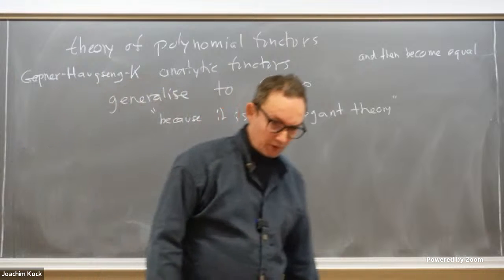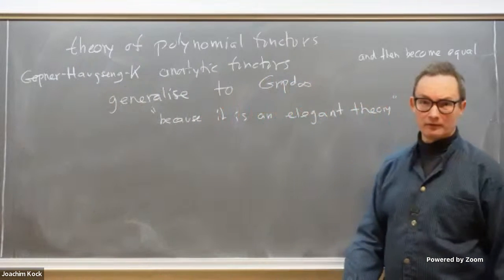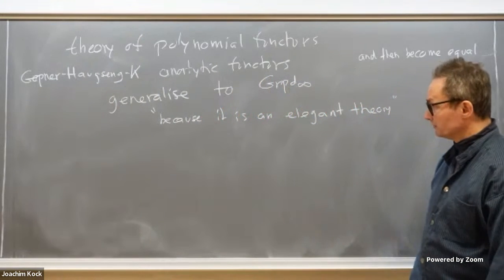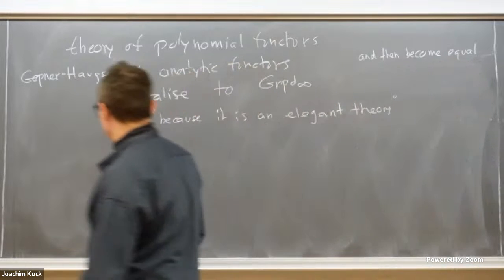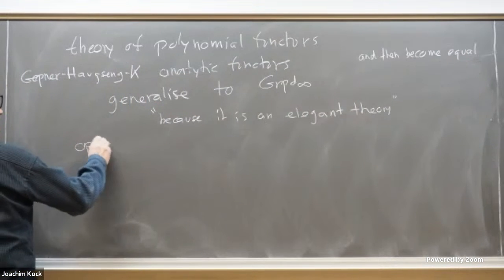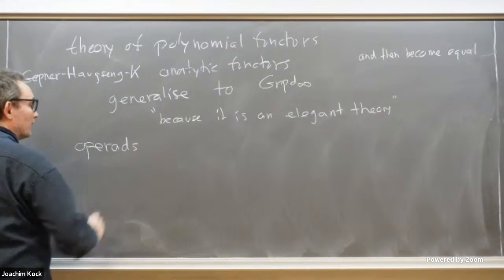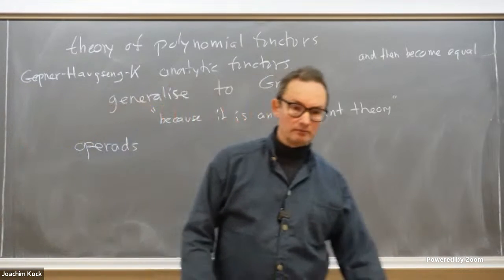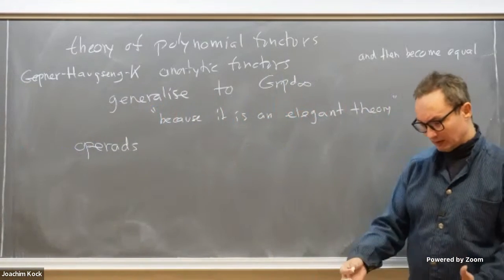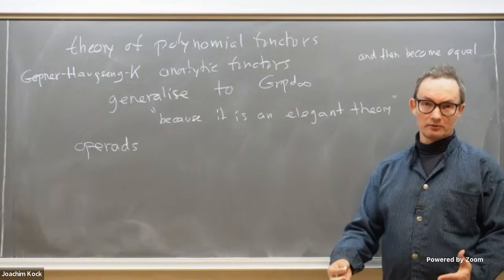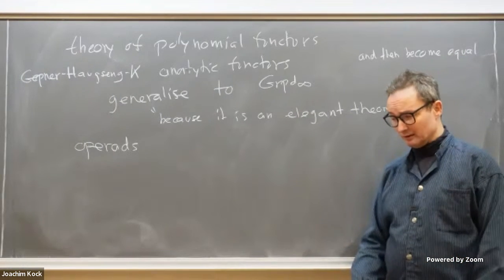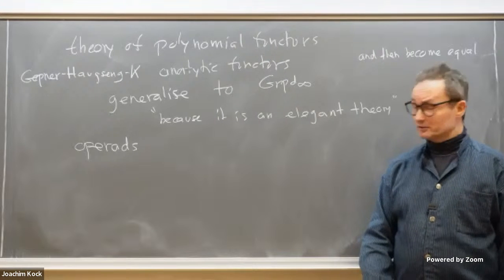Some of the quirks of the category of sets get resolved. To finish, I just want to say that operads come from topology to parameterize or describe up to coherent homotopical algebraic structures.